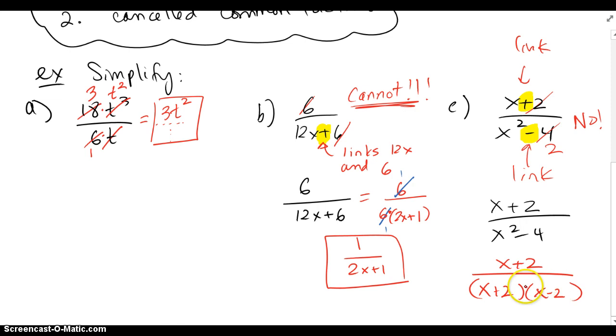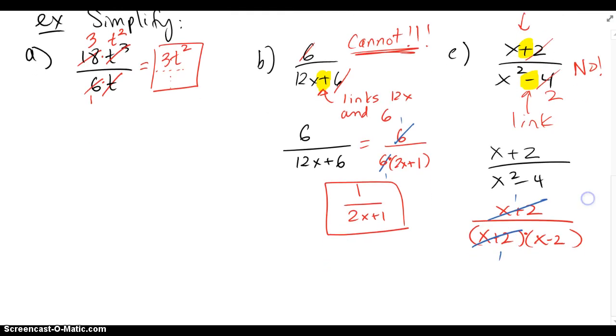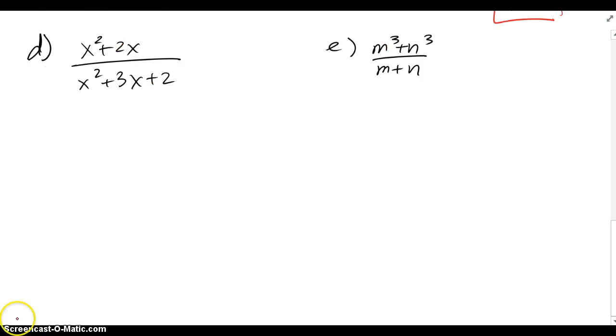And now since I have a product, something times something, I am able to break off the x plus 2's as common terms, and they leave off 1's. And so my final answer will be 1 over x minus 2.